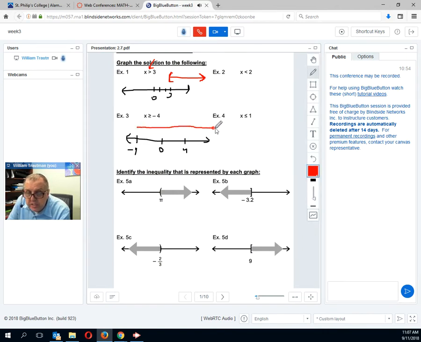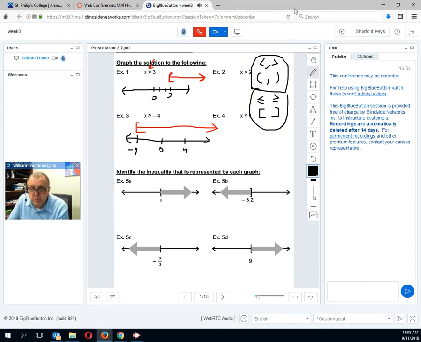Greater than -4 is to the right. And since it has an equal sign with it, you have to put a bracket. So that's really important to know that if you have a less than or greater than symbol, you use a parentheses for them. If you have a less than or equal to or greater than or equal to, you use a bracket on the ends. So that's kind of important to know.